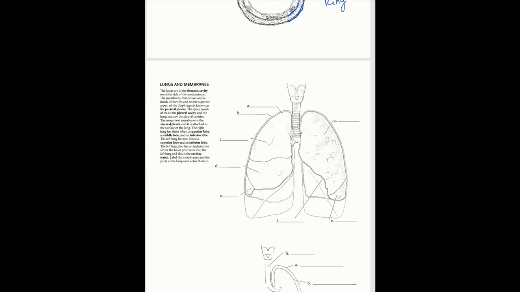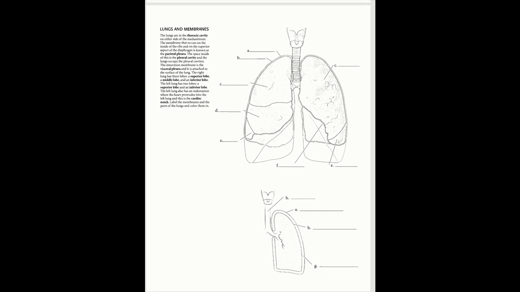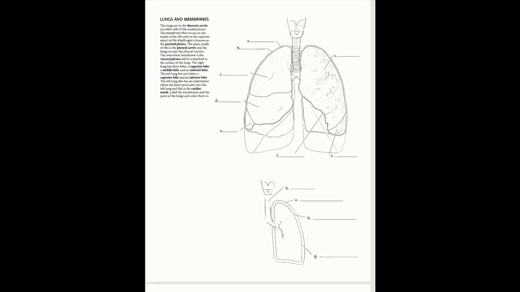Okay. Let's go ahead and talk about the membranes as well as the lungs. I said earlier on that we've got a double membrane here around the lungs and fluid in between. Again, that's going to allow movement and it's going to prevent any friction. So to start off, the membrane that's going to line your thoracic cavity is the parietal pleura.